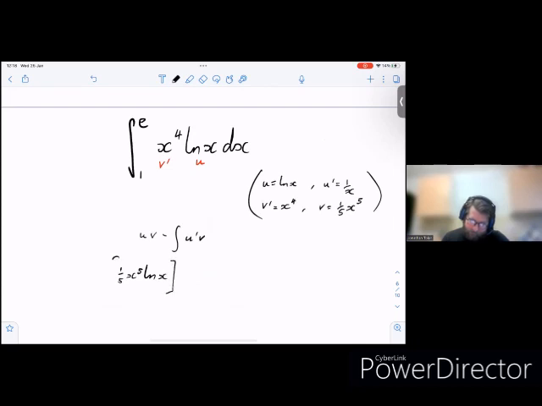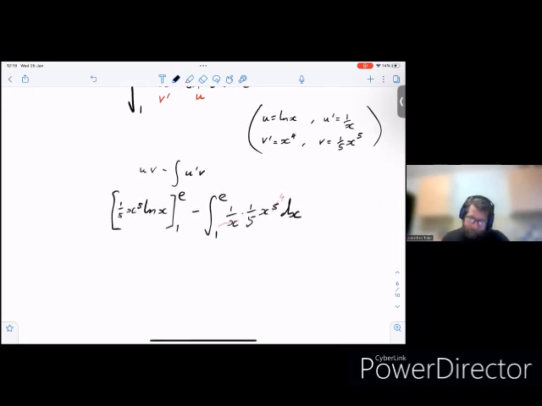We have limits here, so I'm going to write that on. And we subtract the integral between 1 and e of u dash v. So that's 1 over x times 1 over 5 x to the 5 dx. And we have some cancelling here. The x to the 5 cancels with that x.